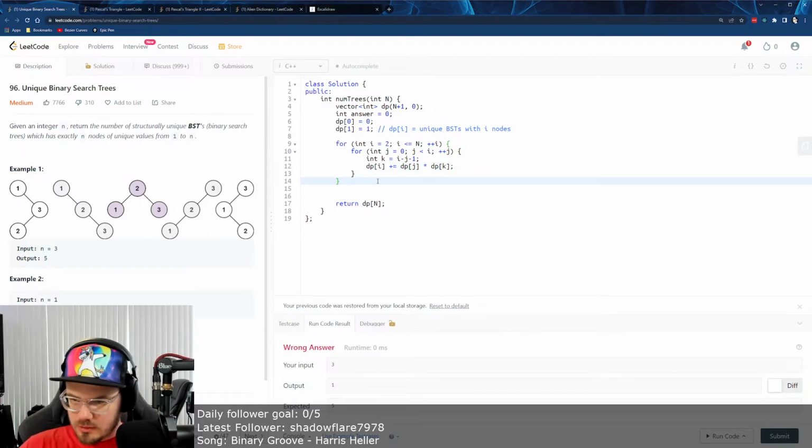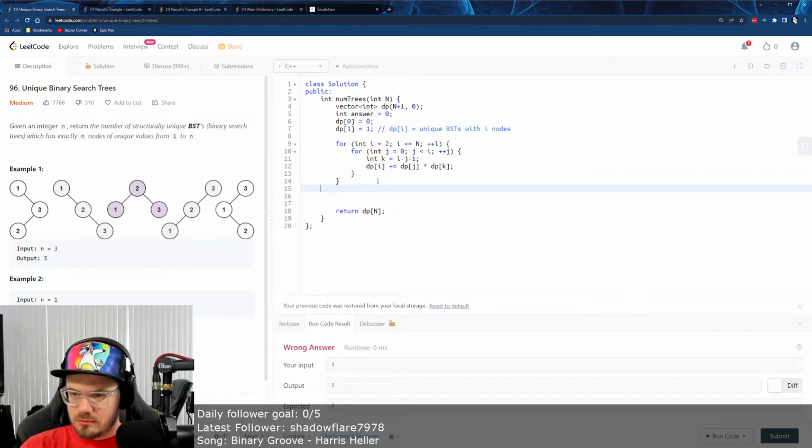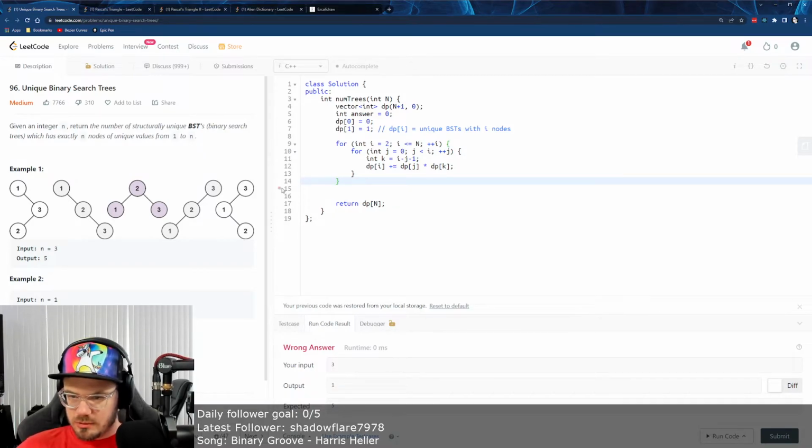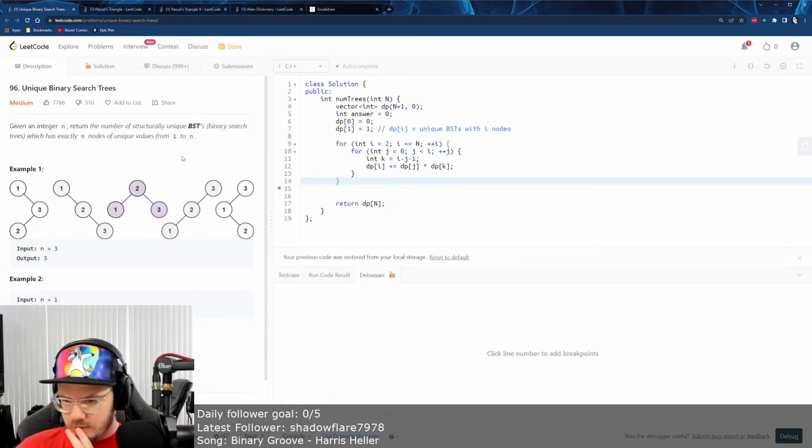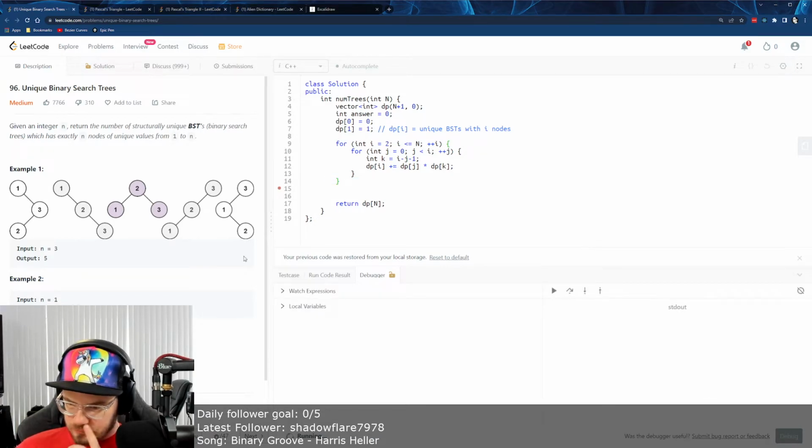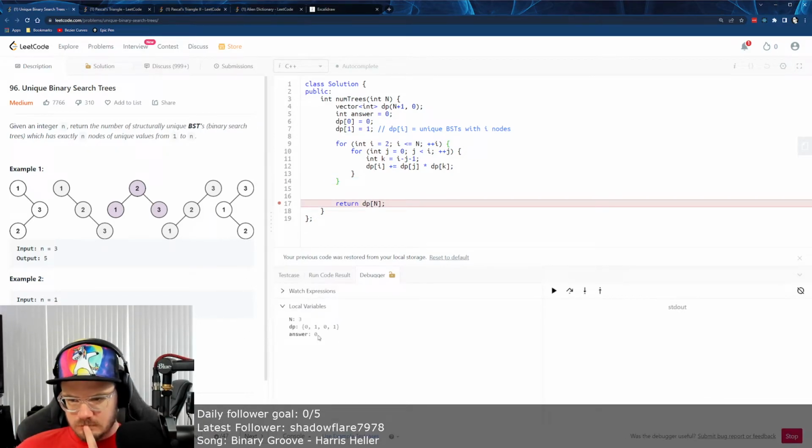Okay, let's have a look at the array. So we can just set a breakpoint here and use the debugger. So we got 1, 0, 1.